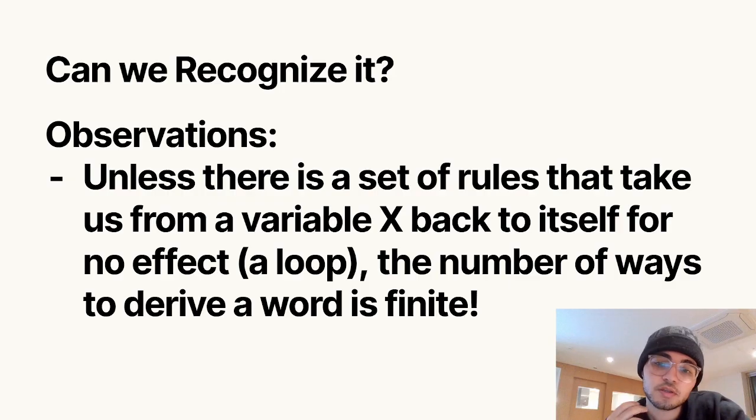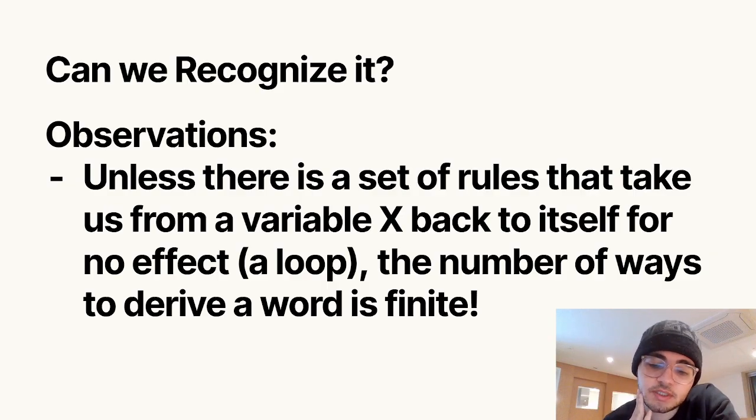But let's also notice that a loop is not itself necessary. This kind of loop is not necessary, because we can just not take it, which means if V only exists inside the loop, it's not necessary. But if we remove the loops, we can derive a word in a finite number of ways, because each rule will make a change in the string.